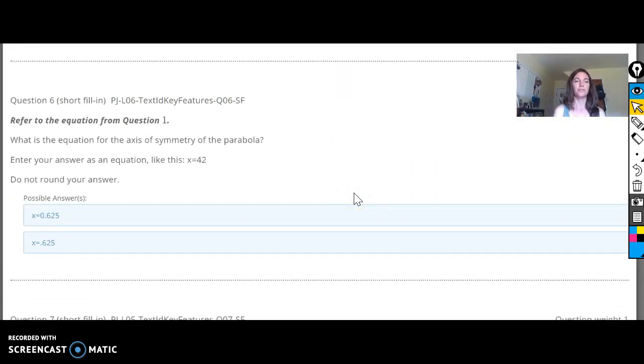All right, what is the equation for the axis of symmetry of the parabola? And the axis of symmetry, if you'll remember from this lesson, is the line. So our parabola is going to look something like this.